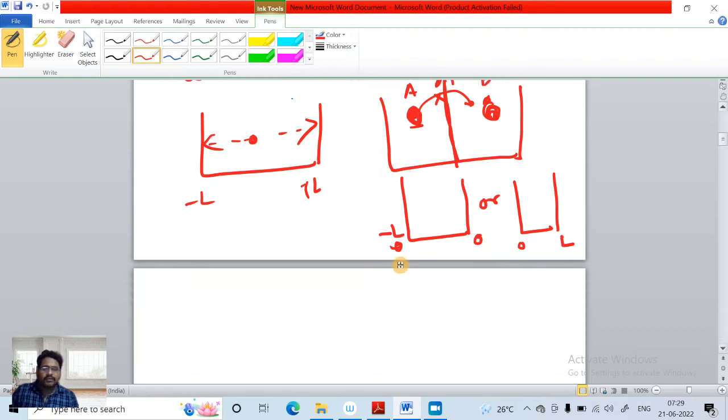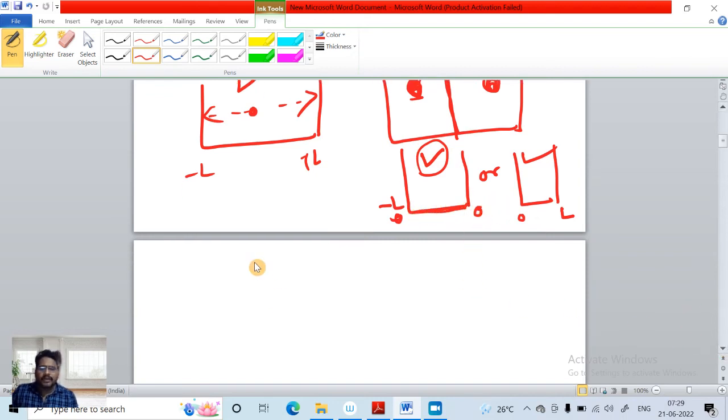That means you have to find the energy difference between this system and these systems. Let me take this system. The lengths are equal, so there is no problem in either system.